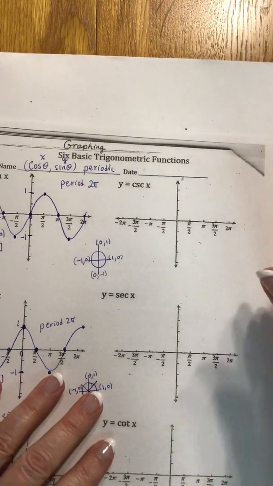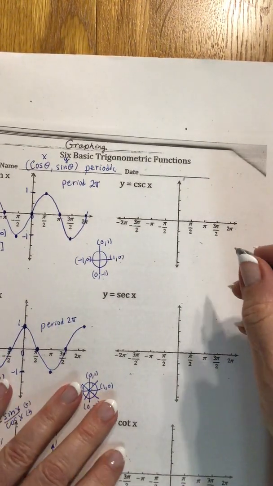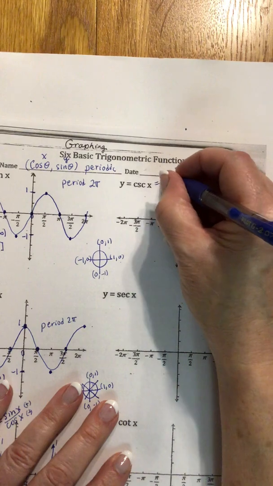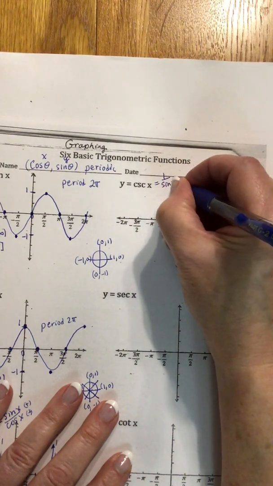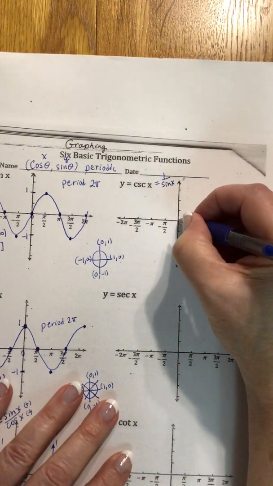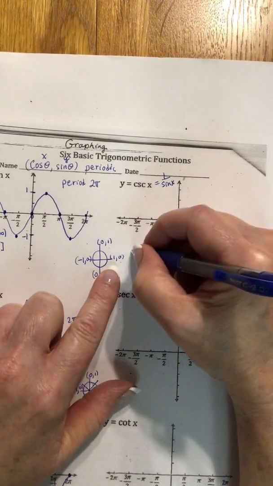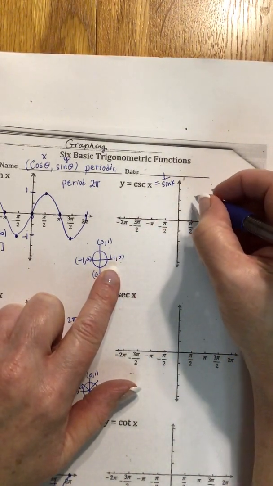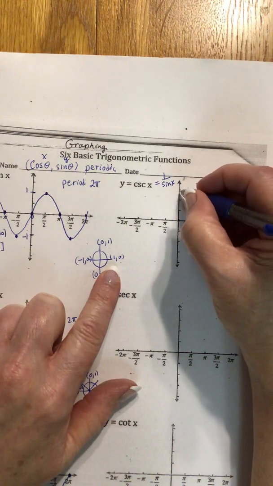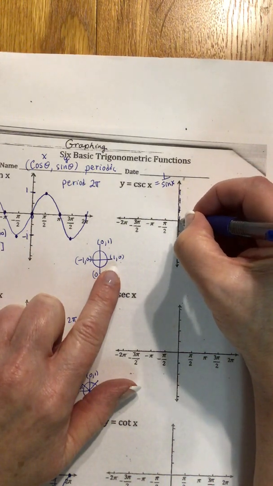Okay, so cosecant. Cosecant is the same thing as the reciprocal of the sine. So at 0, sine is 0, so we have 1 over 0. So at 0, we're going to have a dotted line, an asymptote.